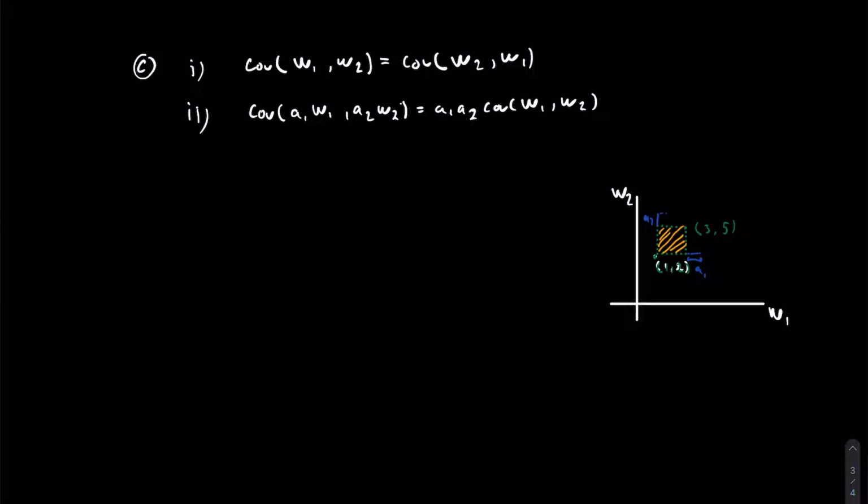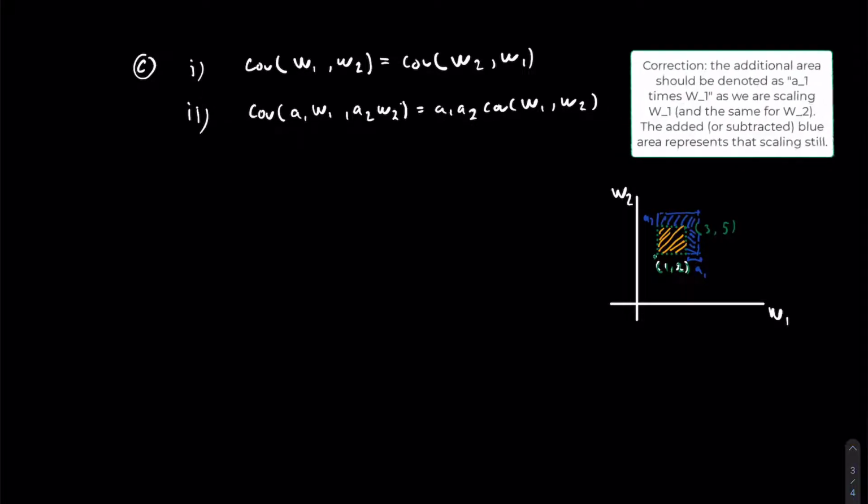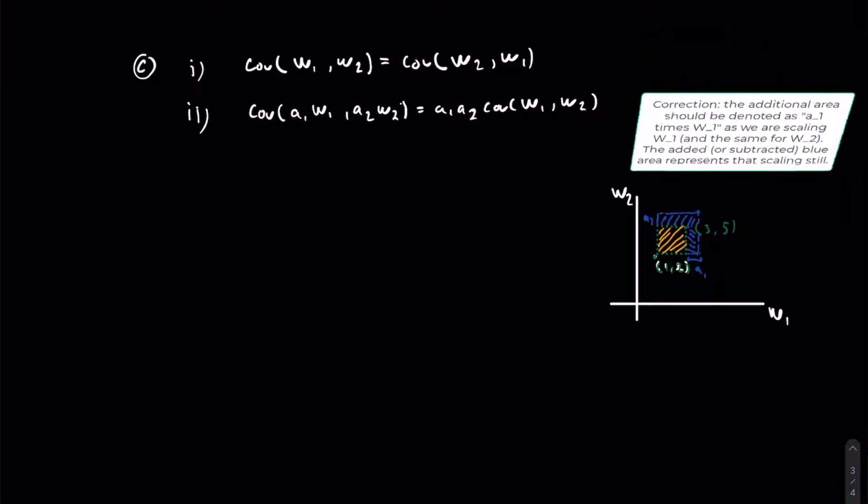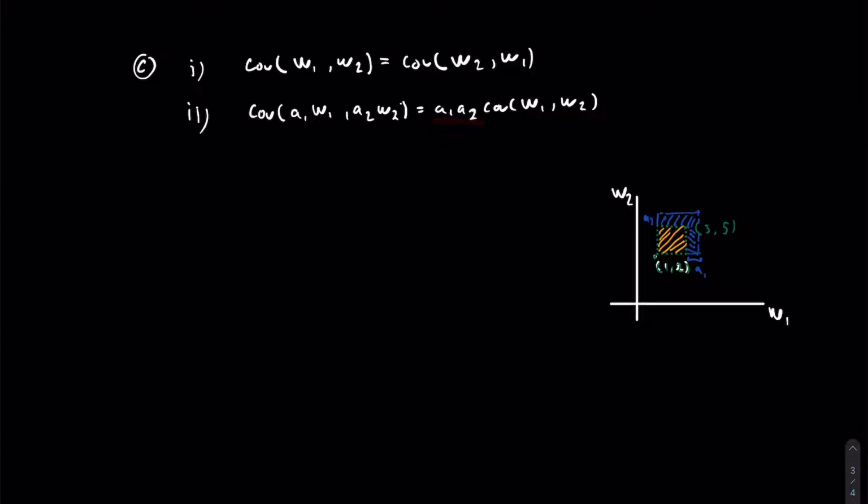So we have just extended the area by this amount. This is what this extra term means. We are multiplying A1, A2 to get that extra area that we added.